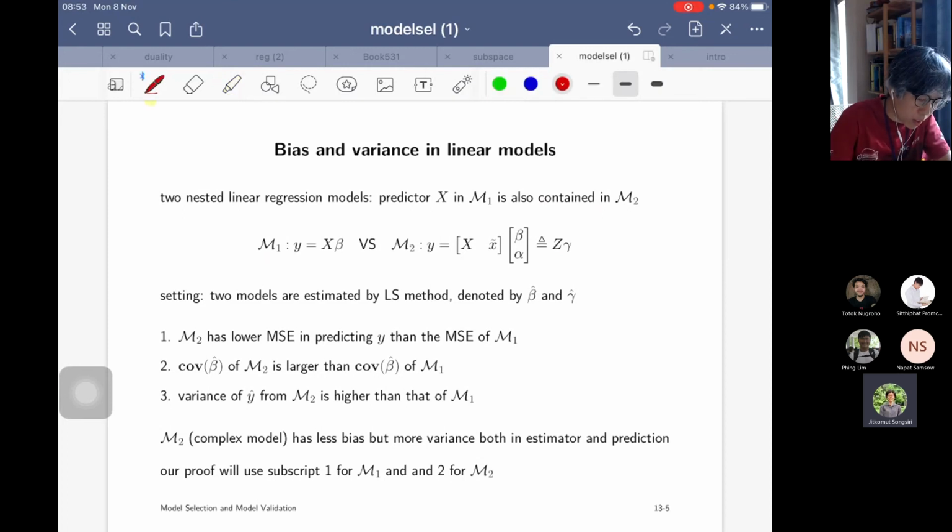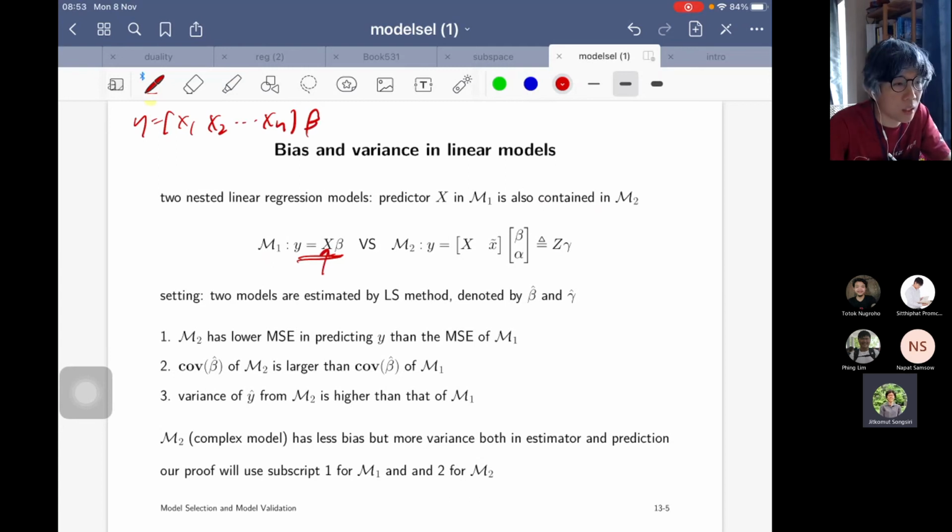I model in this way: model 1, y equals x beta, where I put x1, x2, up to xn. Suppose I have n predictors in model 1. In model 2, I also include these predictors, but I put in another predictor, x tilde. So the second model, of course, is more complex than the first one.